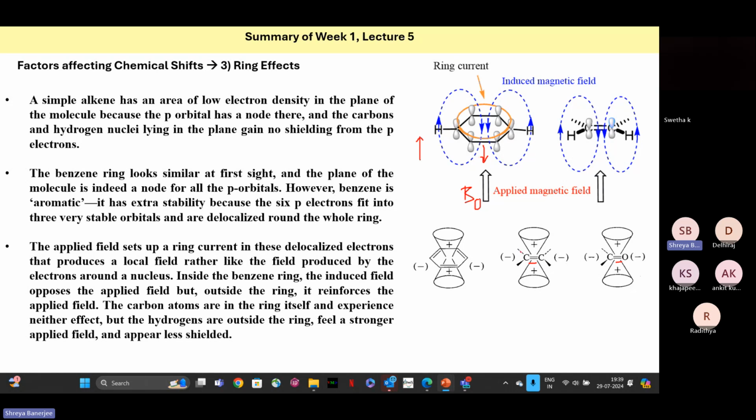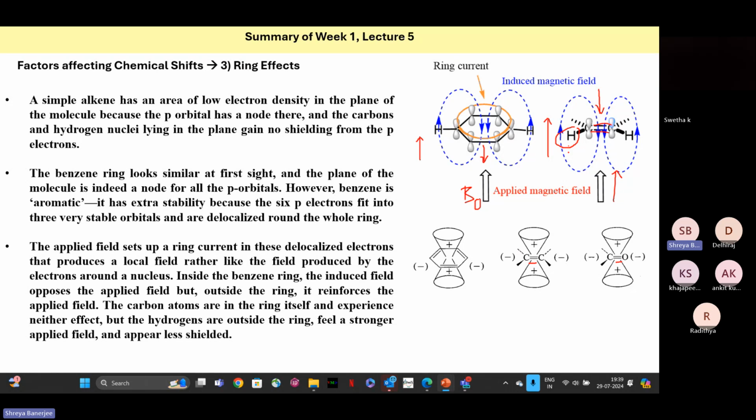So if you imagine the alkene molecule, you can see the double bond here, alkene. The induced magnetic field is shown by this dotted blue circle. So in this region, the induced magnetic field is opposing the applied magnetic field, which is in the upward direction. But in this direction, where the hydrogen is present, the induced magnetic field and the applied magnetic field are in the same direction.